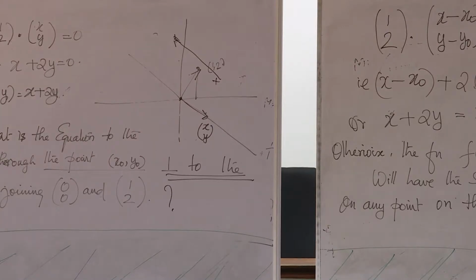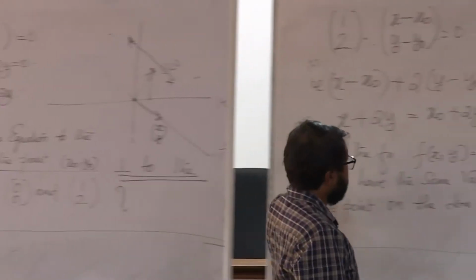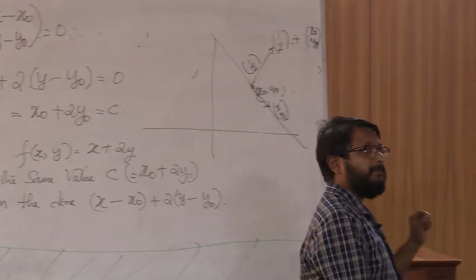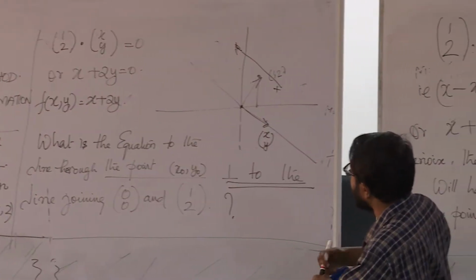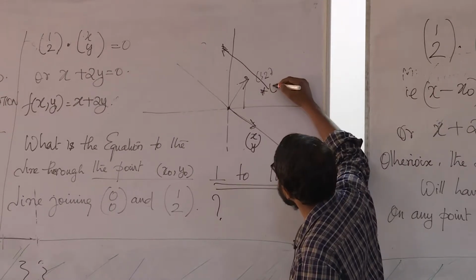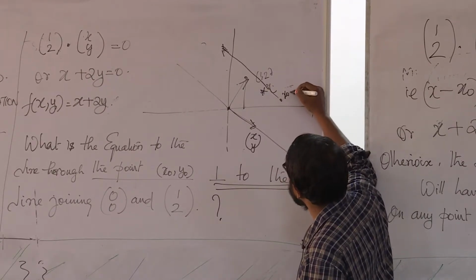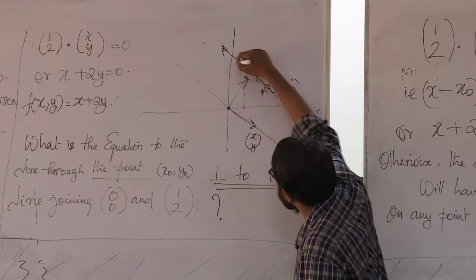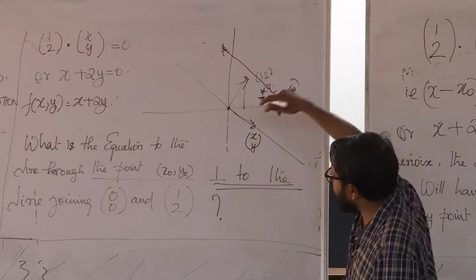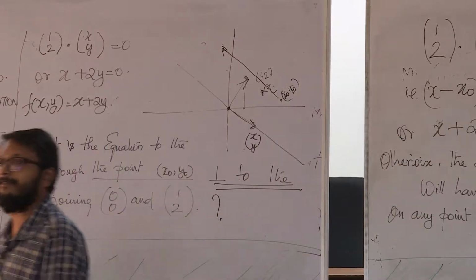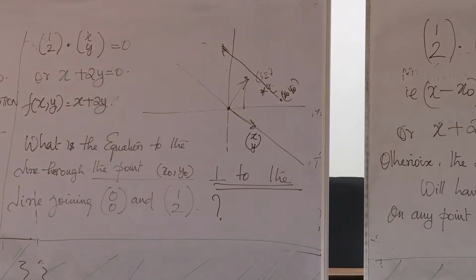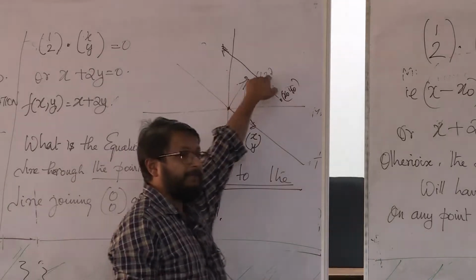Right now I saw that a linear function x plus 2y has the same value along this line. Now, if I put a point x naught y naught and draw a line parallel to this through this point, it will still have the same value along it, but not the same value as this, it will have a different value.